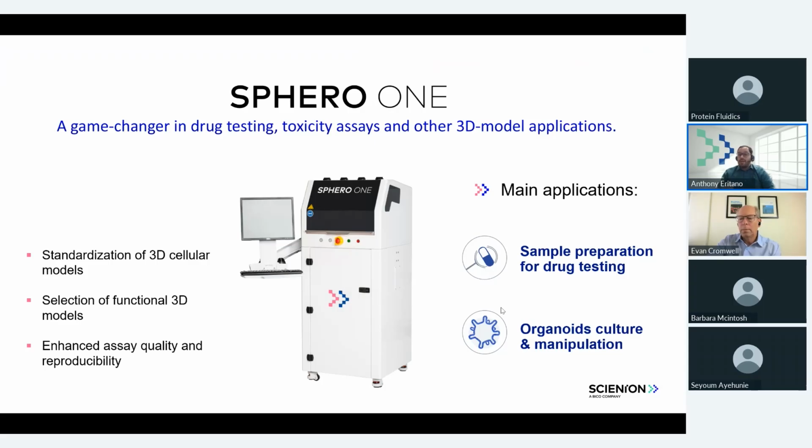Its main applications are sample preparation for drug testing and organoid culture and manipulation. What the spheroONE can provide is a standardization of 3D models, selection of functional 3D models, and enhanced assay quality and reproducibility. Next slide.